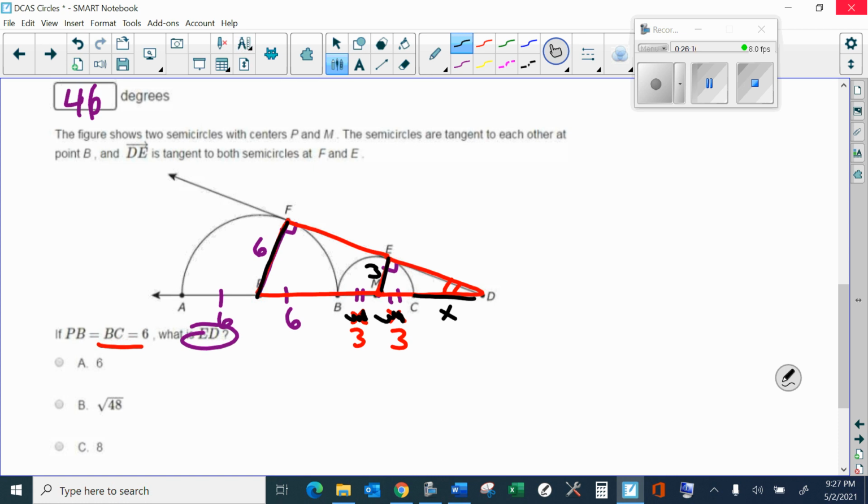So the small triangle to the big triangle is exactly a ratio of 1 to 2. So we do know that ratio is 1 to 2. So here, if we say this full side right here, that is x plus 3.